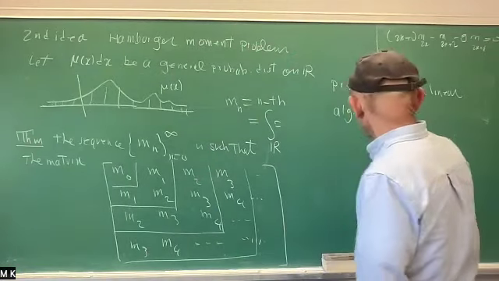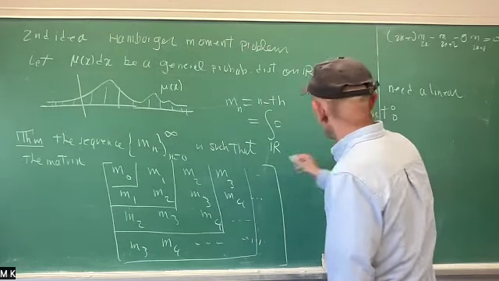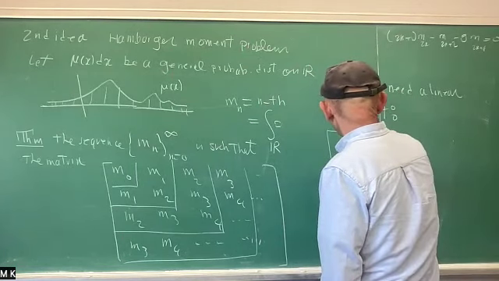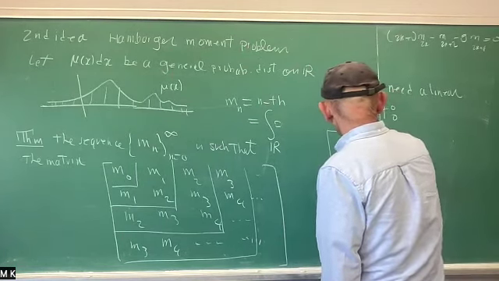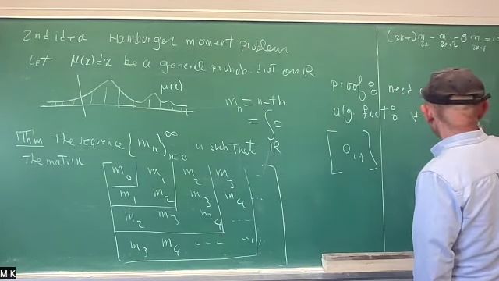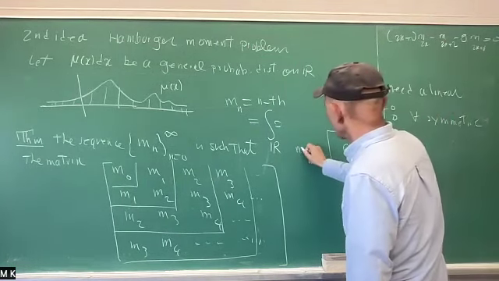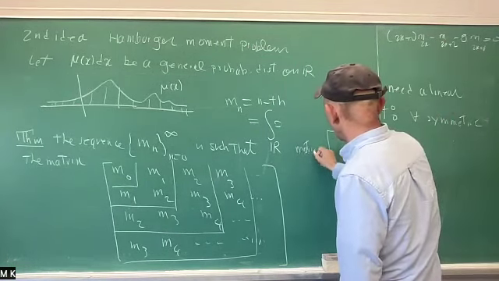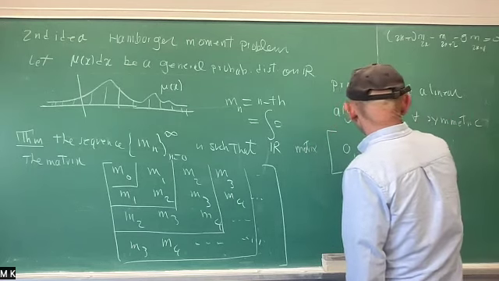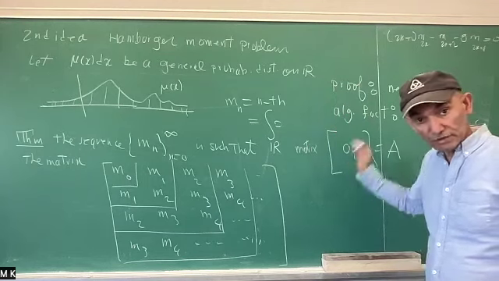Let's see. So the fact is the following, and I'm going to write it in general. Take a symmetric matrix A equal to Aij. So it's a very general thing.